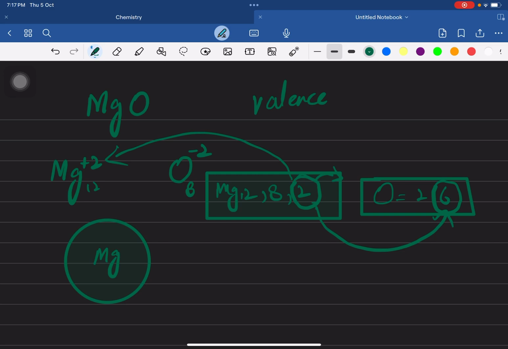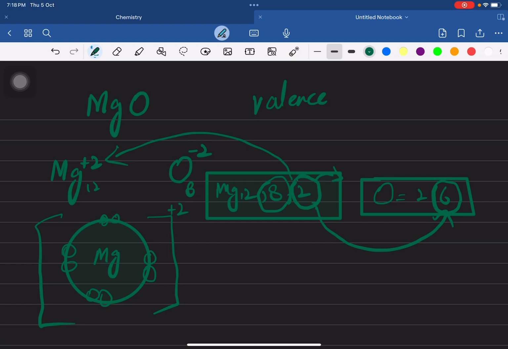As you know these 2 electrons are lost, so the electrons in the valence shell are 8, like this and this. I have shown these electrons, and as you know it loses 2 electrons, so it will get a plus 2 charge. Okay, I hope it's clear to you.